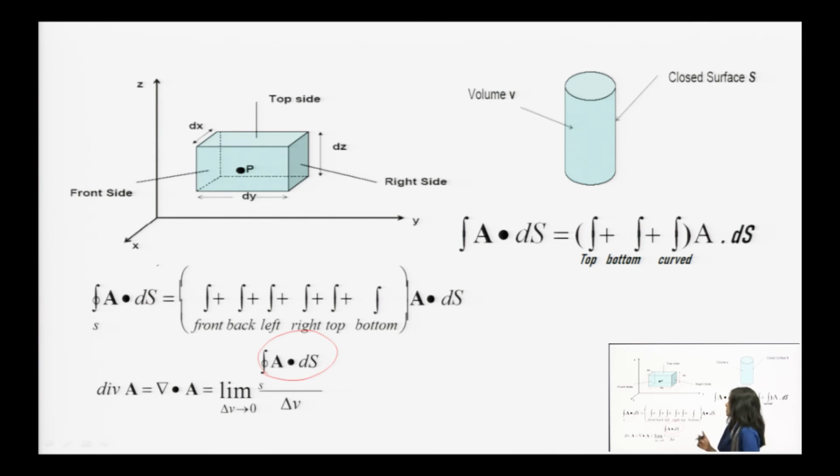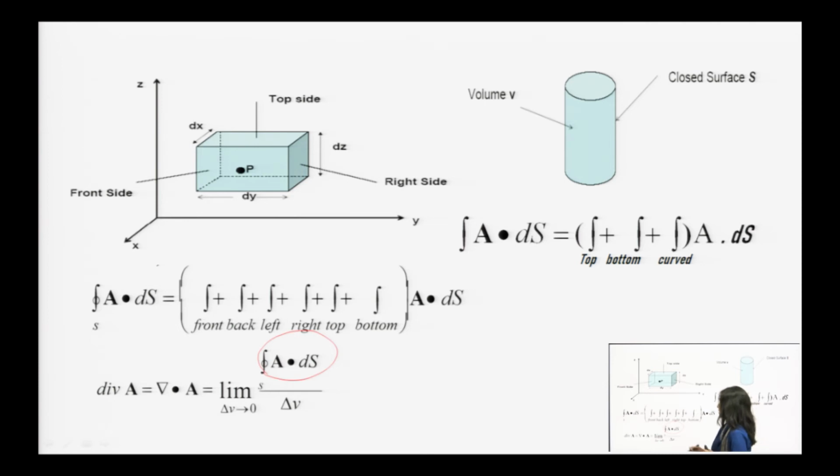So suppose this is a cube shaped structure, and inside this structure at some point P, if we need to find the divergence of any vector A, then we need to find first of all the outward flux cut by each surface.